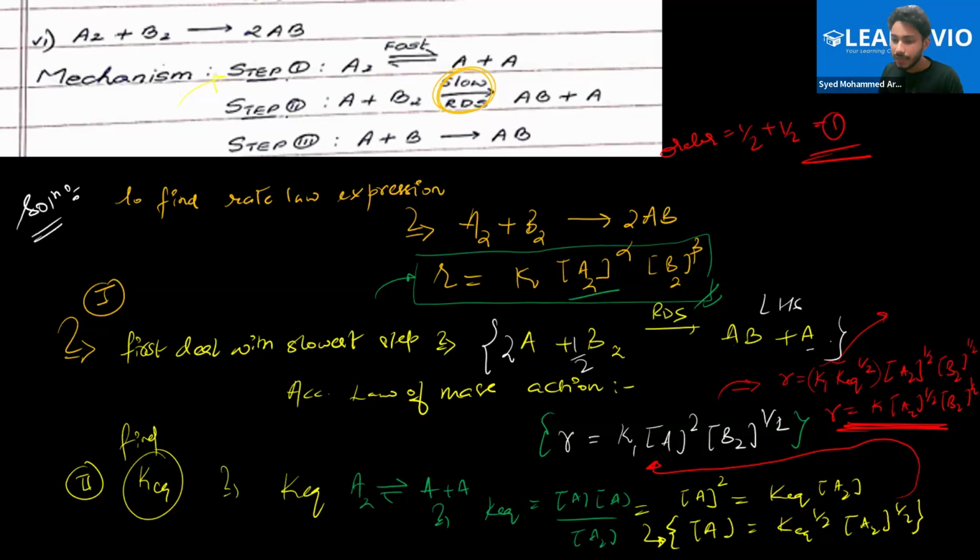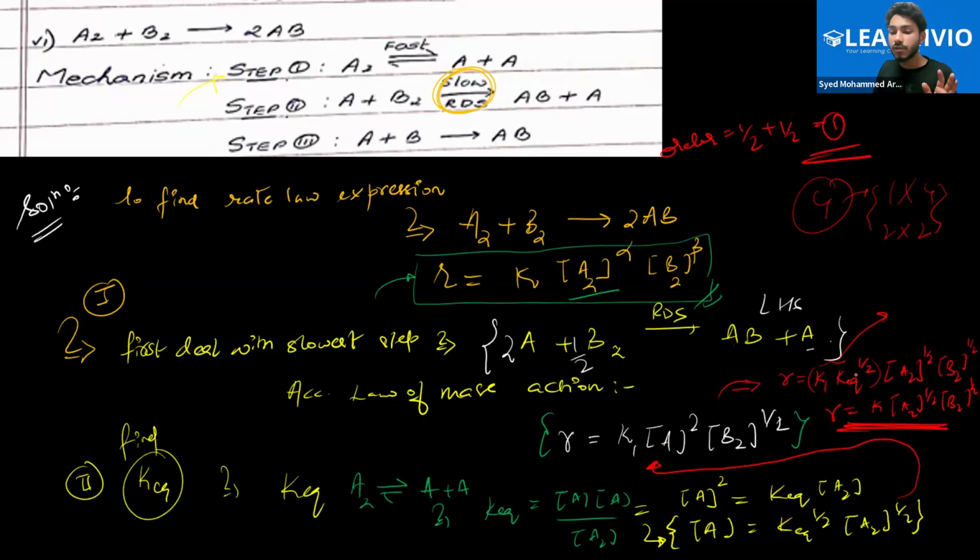So if K is any number, it means that there are some factors associated with K. For example, let's take K as 4. How many factors of 4 are there? 1 multiplied by 4, and 2 multiplied by 2. These are the factors associated with 4. So basically, my K1 and K2 are some constants.